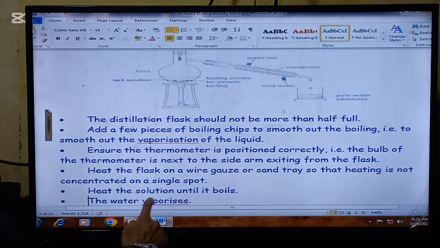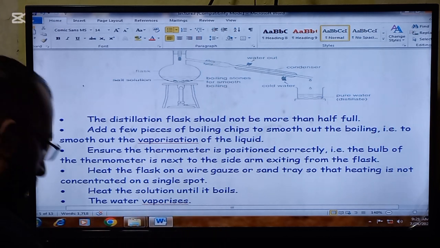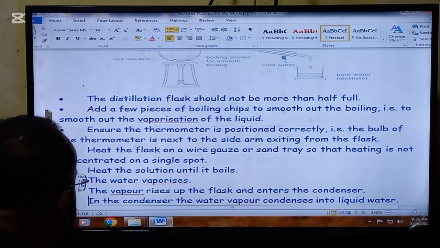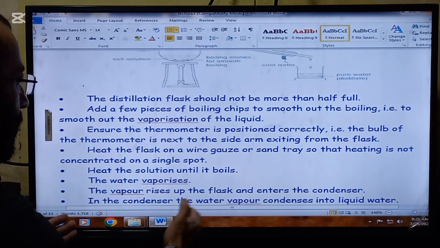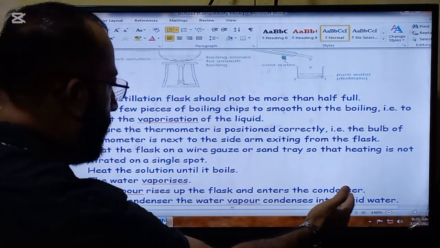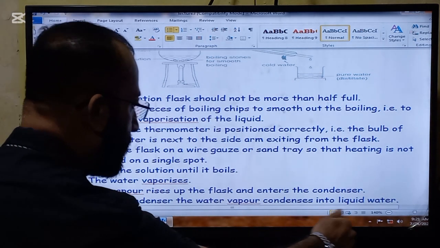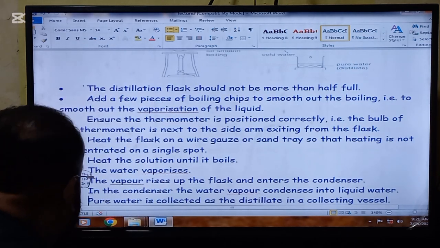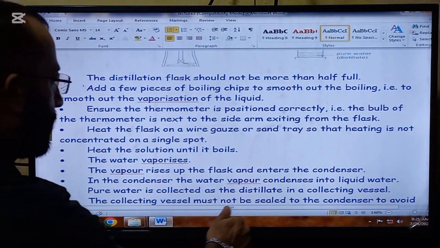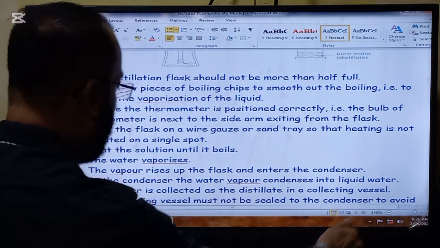So look now, heat the solution until it boils. The water vaporizes, the vapor rises up the flask and enters the condenser. In the condenser, the water vapors condense into liquid water. Pure water is collected as the distillate in a collecting vessel.